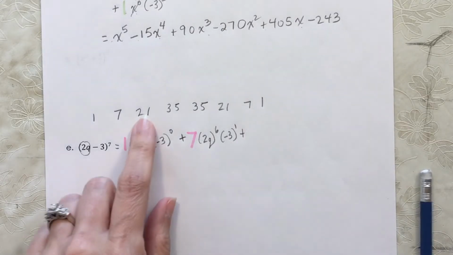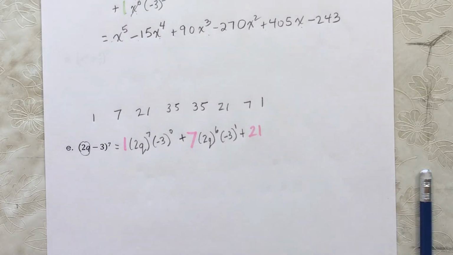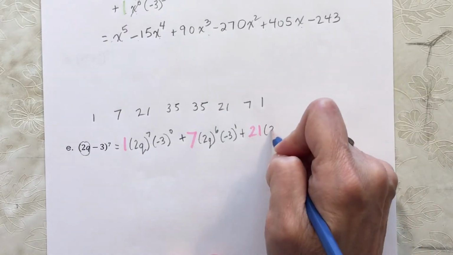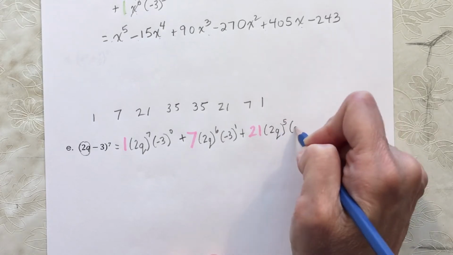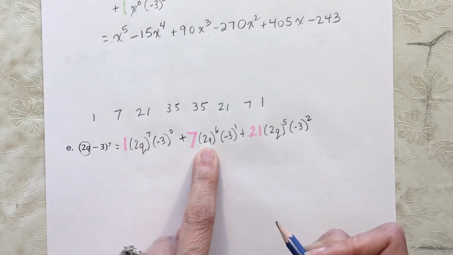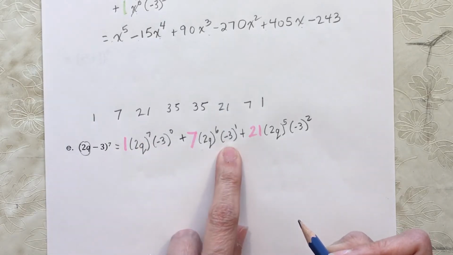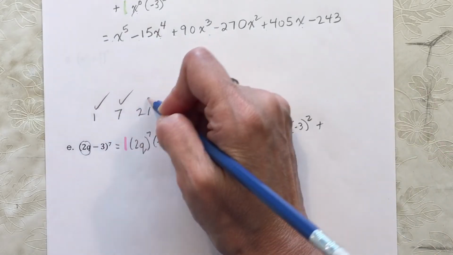Plus, my third Pascal number is a 21. 2q to the 5th, negative 3 squared. So the exponent on 2q is decreasing each time, and the exponent on negative 3 is increasing by 1 each time. So done, done, done.